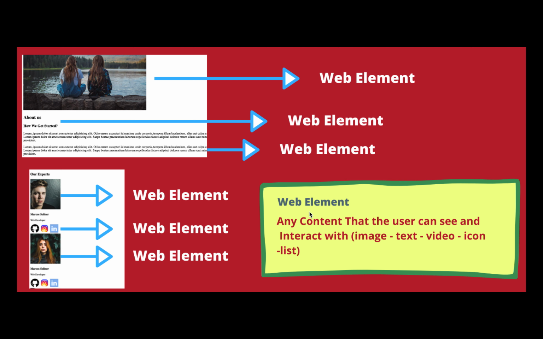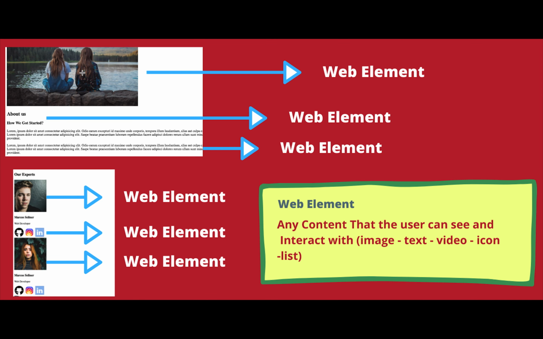As you can see, we can simplify the stuff even more by taking each thing that will be added to the web browser and calling it a web element. So web elements are any content that the user can see and interact with, whether it's an image, here we have an image, we have text right here, we have these icons.